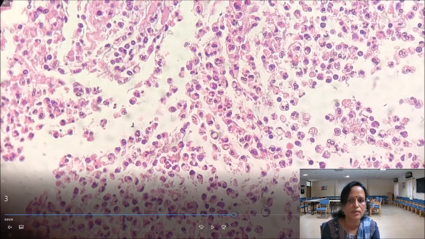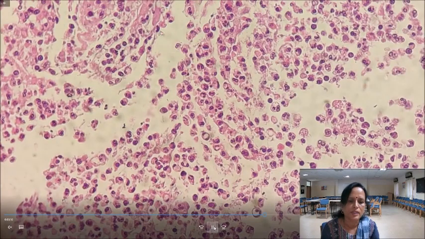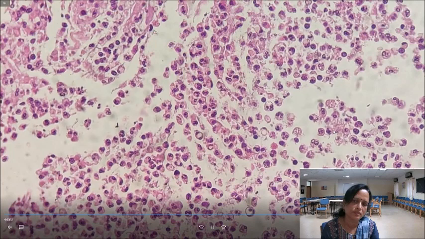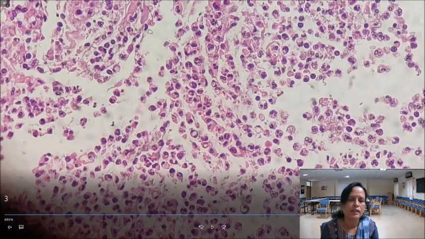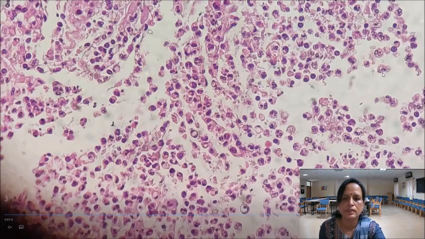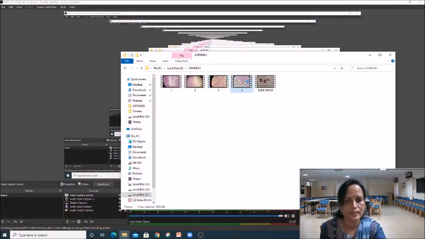They're all ant-like nuclei. Very clear cut. The neutrophil is the characteristic cell of acute inflammation. This is purulent material or the exudate that we have seen.